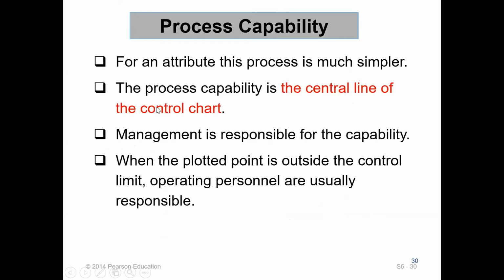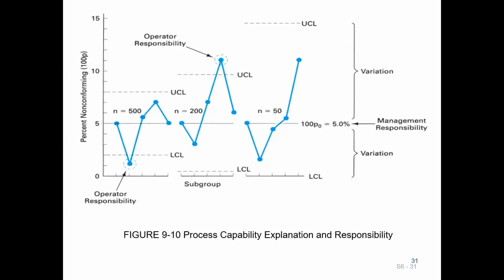Process capability for the P chart is quite straightforward. No need to do the same thing that you were doing in the X bar R chart, finding the standard deviation, then upper spec limit, lower spec limit. No. We are referring process capability to the center line of the control chart when the process is stable.